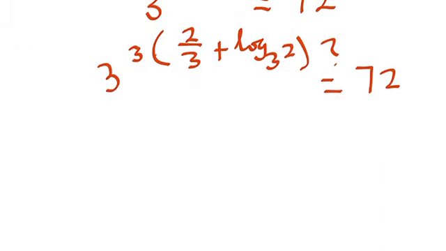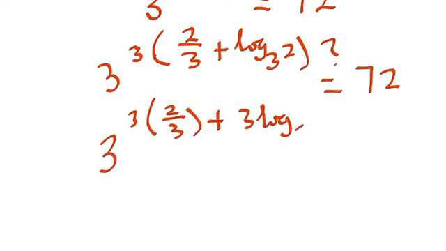Moving on, let's open the bracket here. We're going to have 3 into bracket 2 over 3 plus log base 3 of 2, equals 72. You see that we cancel this 3.